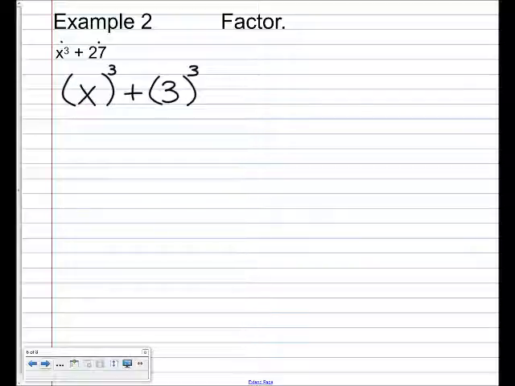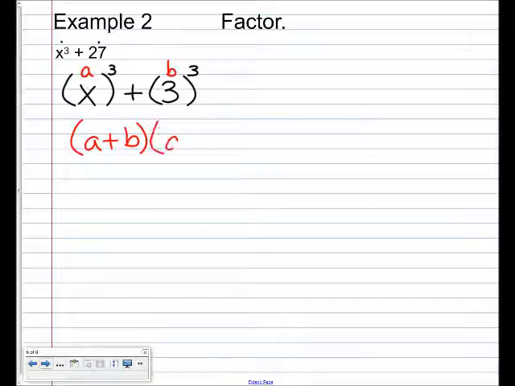So my a and my b from the previous slide are going to be x and 3. I'll just write down the form that we have on the previous slide. We have a plus b is the first factor, then a squared minus a times b, and then remember always positive, plus b squared.